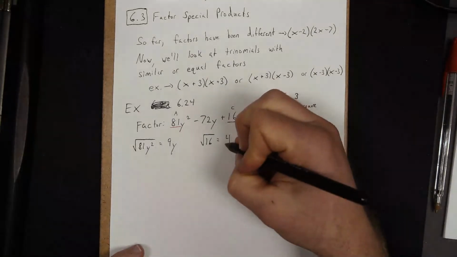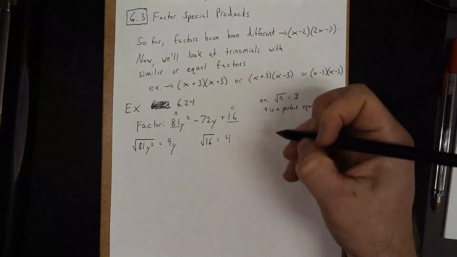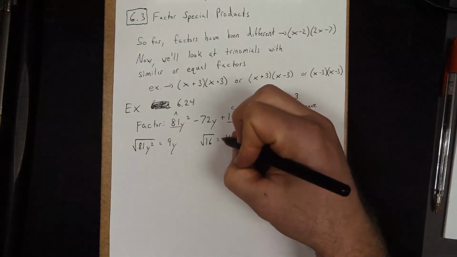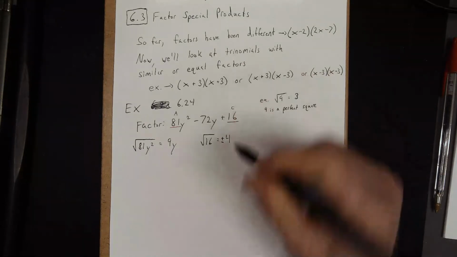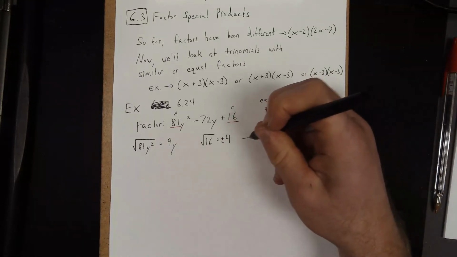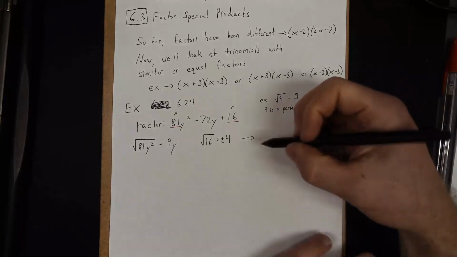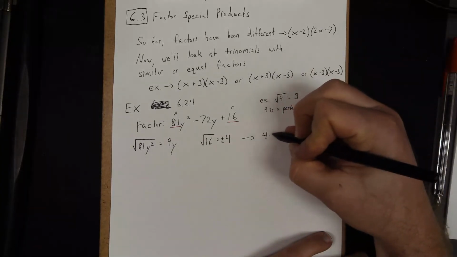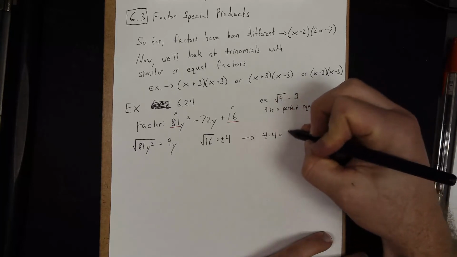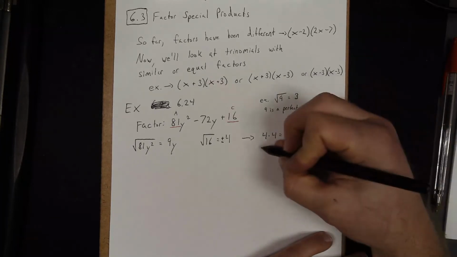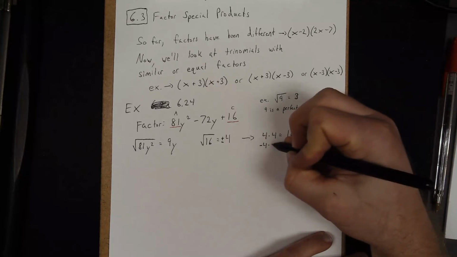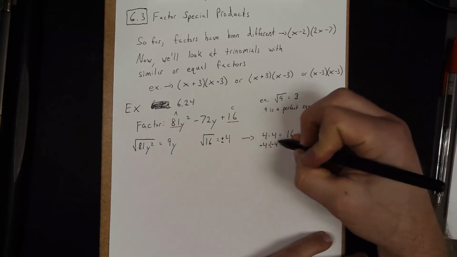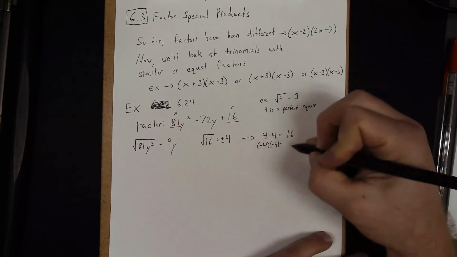Notice, in mathematics, when you take the square root of a constant number, you have to take into account this plus or minus. And here's why. If I said 4 times 4, that's just equal to 16, right? Well, what about negative 4 times negative 4? Isn't this equal to 16 also?